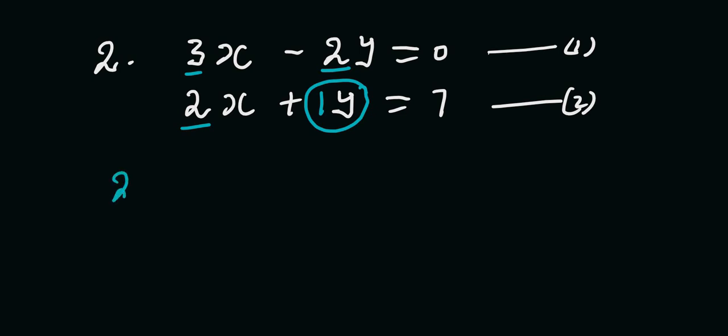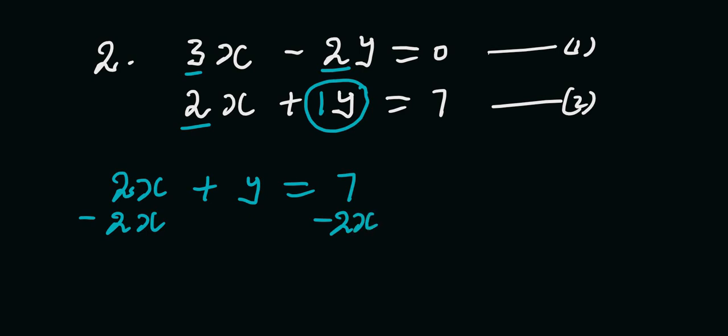So equation 2, we have 2x plus y equal 7. So we want to make y the subject of the formula. So now let's subtract 2x from both sides. So 2x minus 2x will cancel out.